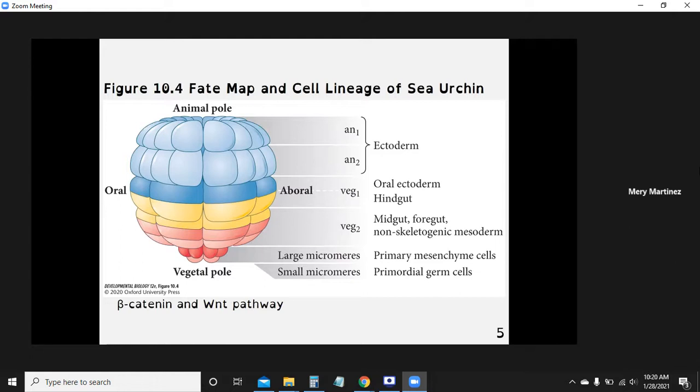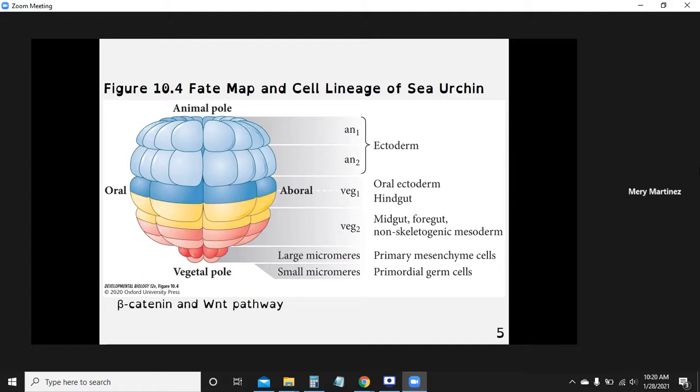Okay, the molecule responsible for specifying the micromeres here and their ability to induce neighboring cells is our friend beta-catenin. Okay? Just to remind, beta-catenin is a transcription factor activated by the Wnt pathway.